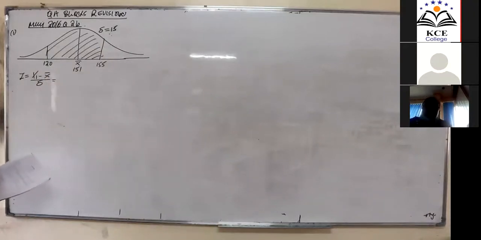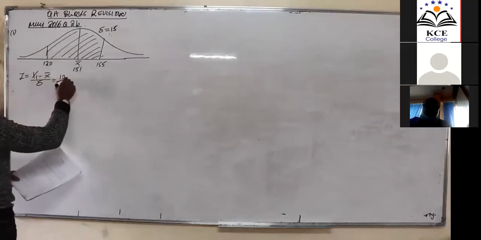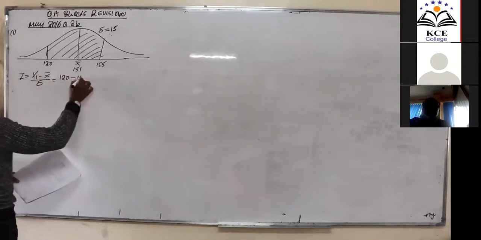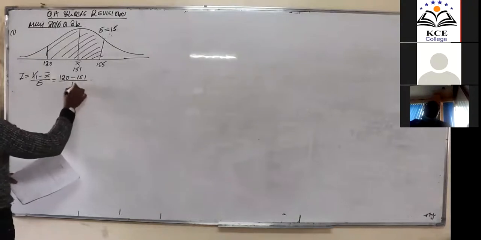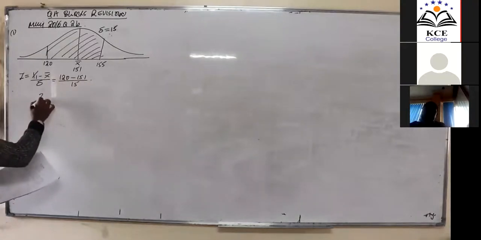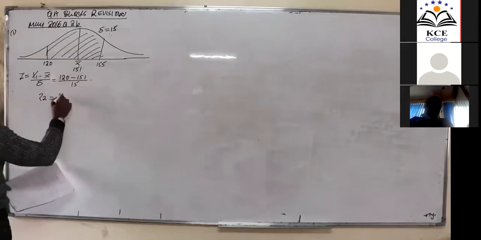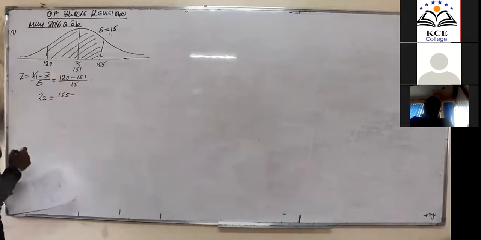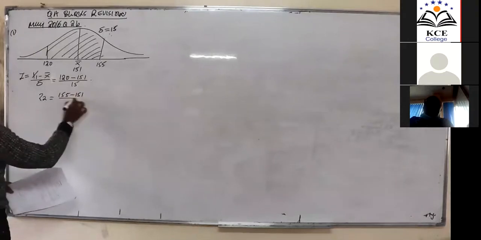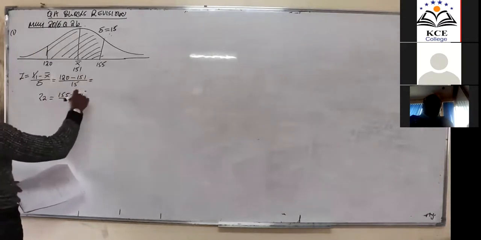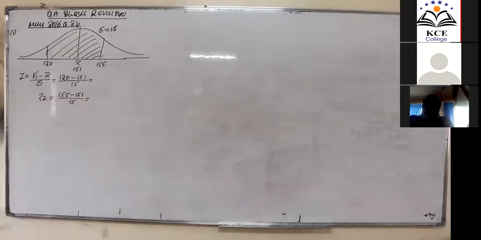But in this case, we have to compute two Z's. So the first one, x1, you take 120, you minus the x bar, which is 151, over the standard deviation of 15. Then to get Z2, your x1 in this case will be 155 minus x bar of 151 over the standard deviation of 15. We see that for the normal distribution, you ignore the negative.